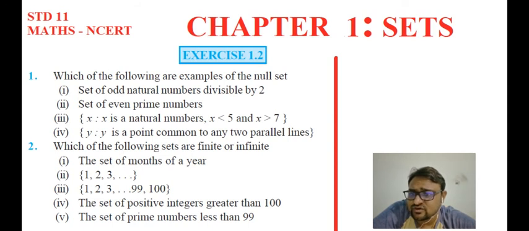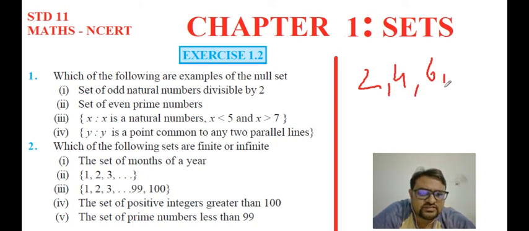The first one is the set of all natural numbers divisible by 2 that are odd natural numbers. The numbers which are divisible by 2 are 2, 4, 6, 8, and so on.